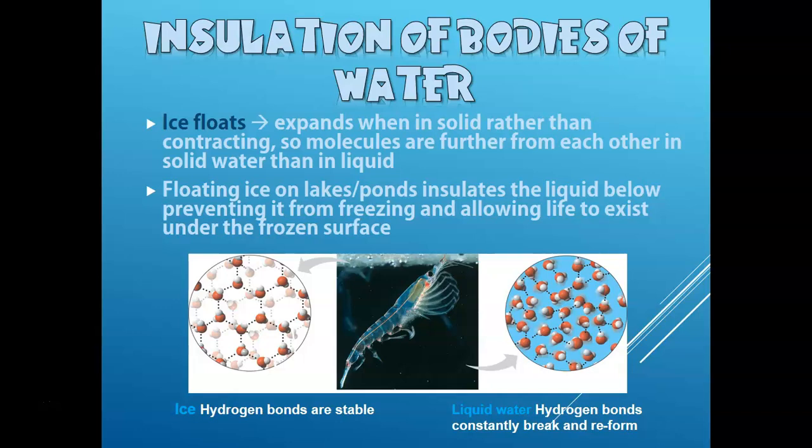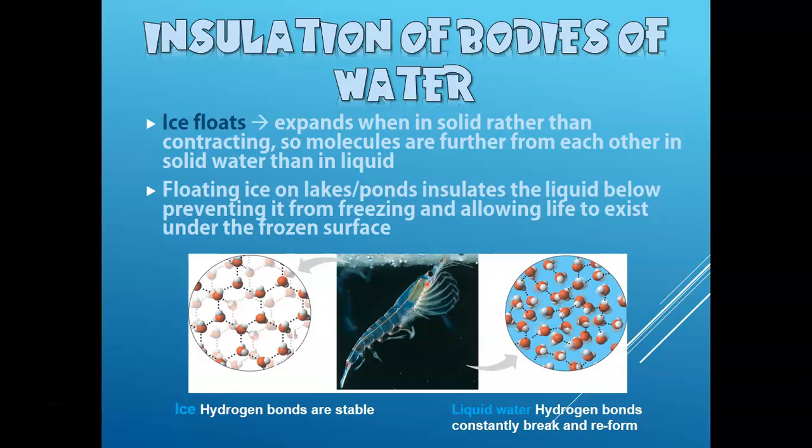And if you're an organism, like our cute little shrimpy here, eventually that ice would freeze and freeze and freeze, and you'd be stuck on the surface, exposed to the air, without any liquid water, and everything would be frozen. But instead, we get the opposite happening. So the ice floats, freezes from the top down.